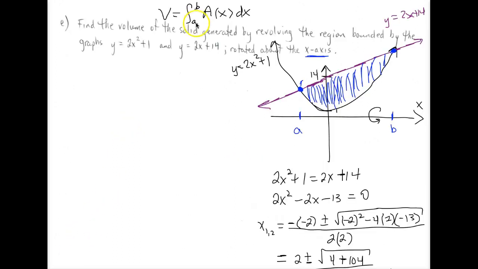All right, so we know what our values for a and b are here, but we still do not know how we're going to model this area. One of the things that we do know is that we're going to use the washer method here. And we know that we're going to use the washer method because there's a gap in between the area and the axis of rotation. So that means we need to find both an inner and outer radius here.